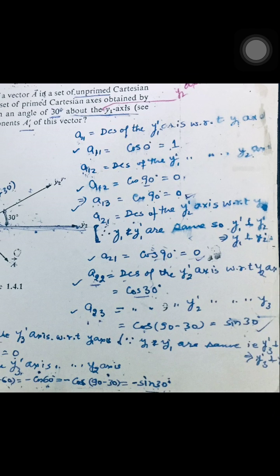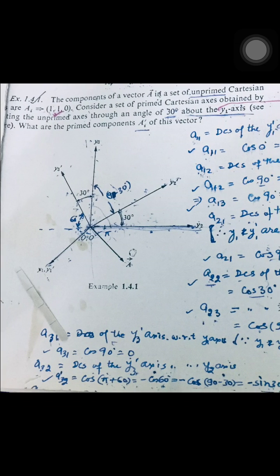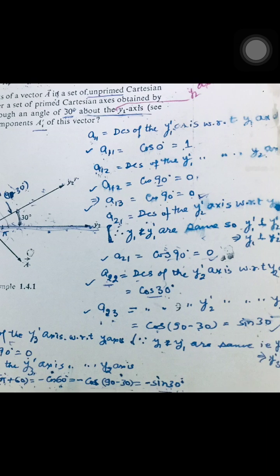And last, A23. Now that is important. Here 1 is not coming. A23 means y2 dash with respect to y3. y2 and y2 dash have a 30 degree rotation, and y3 is the same. y2 and y3 have 90 degrees, and 30 degrees is rotated, so the remaining angle is 90 minus 30, that is 60.